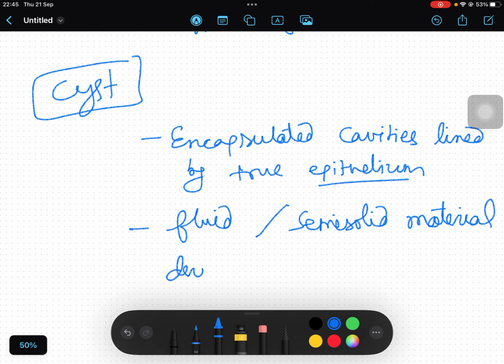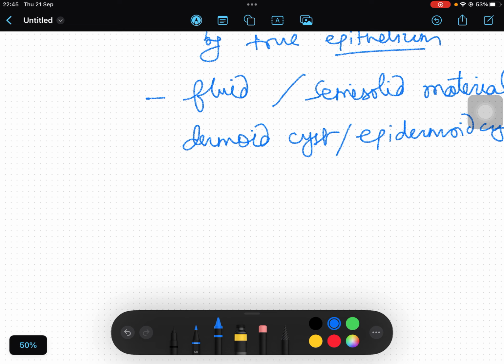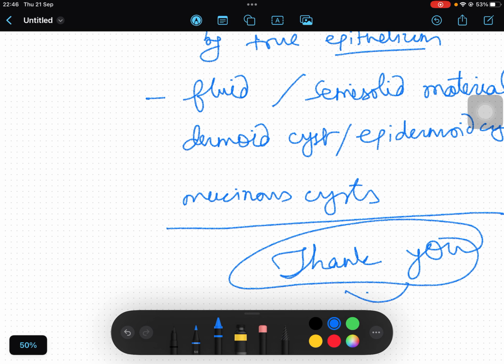The examples of cysts are dermoid cyst, epidermoid cyst, or let's say mucinous cysts. So this is all about primary lesions today. Thank you for being patient.